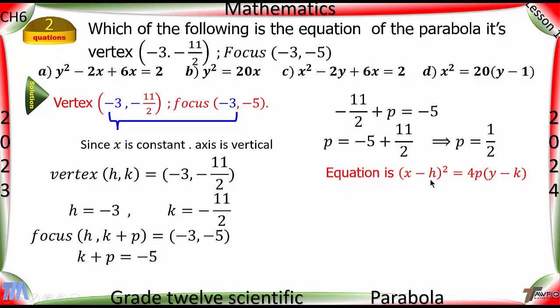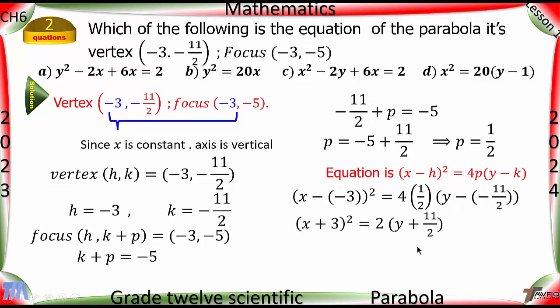So replace the values of p, h and k in the standard equation, and the equation is (x minus h) squared equals 4p (y minus k). (x minus h) is (x + 3) squared equals 4 times p, which is 1 over 2, times (y minus k), which is (y + 11 over 2), and simplifying.